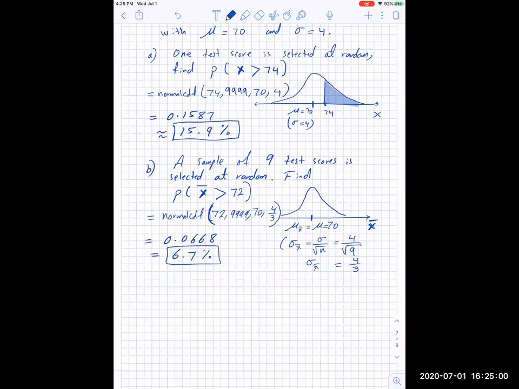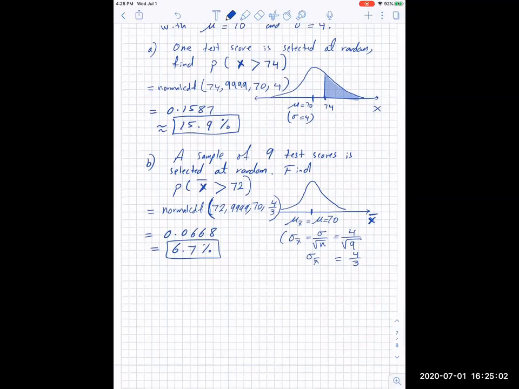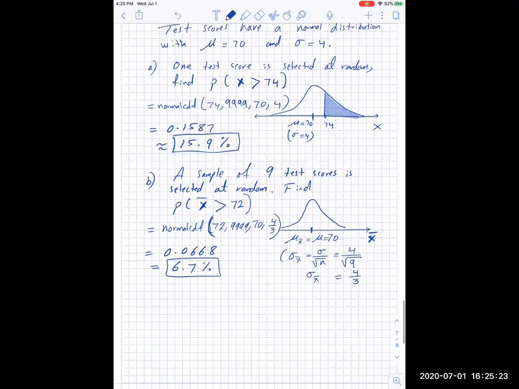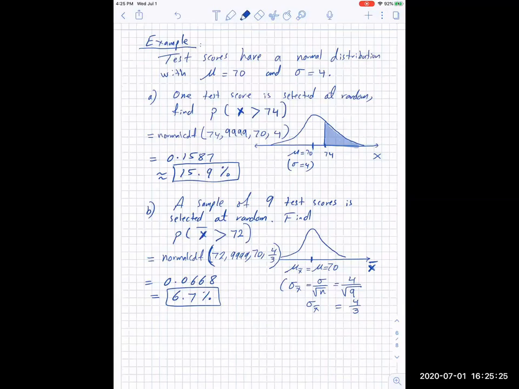Completely different percent. Yes. Professor, when you were finding the standard deviation of the sample mean, sigma x bar, with sigma being equal to 4, where did that 4 come from? Yes, it's right here in the problem. Okay, got it. I didn't see that.